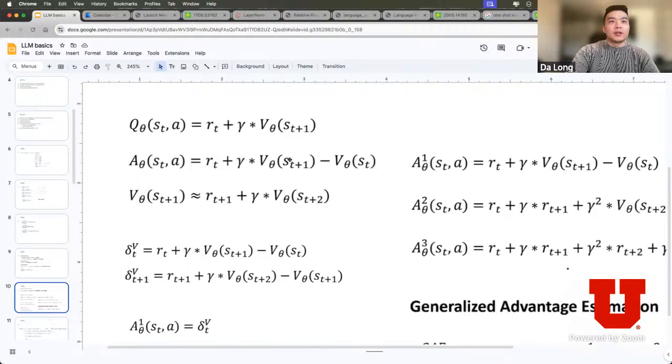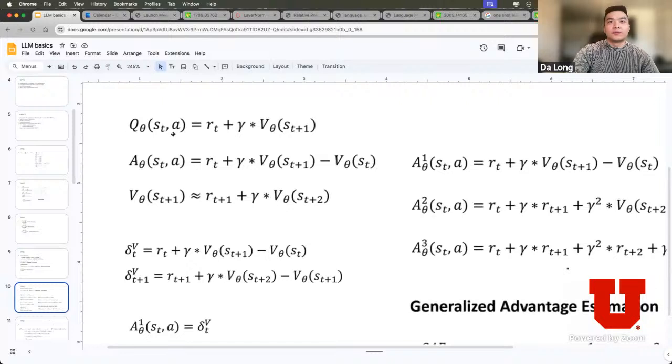Next we can decompose Q as a function of V. The Q over the current state and action is equal to, if we choose the action, the immediate reward, where the small r is the immediate reward we get at step t, plus the discount factor multiplied by the expected long-term reward of time step t plus 1.